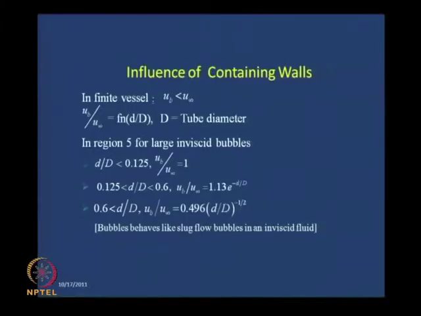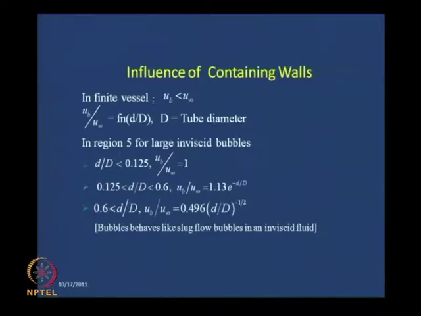Now, if you observe this particular transfer slide which I have got, we find that in region 5, the last region which we had for large inviscid bubbles, it is found that when dB by D is less than 0.125, then we can very well assume that the ub that we have found out can be used as u infinity.